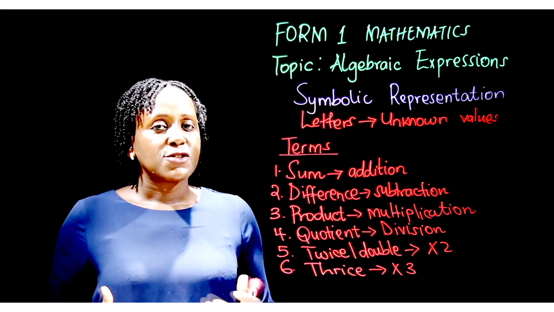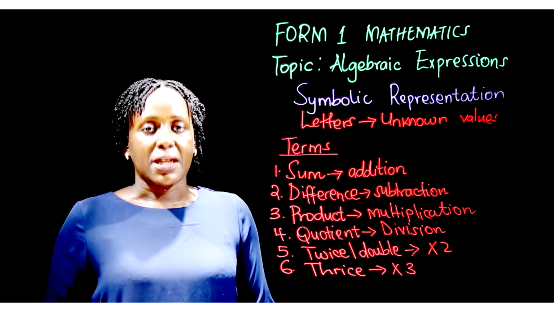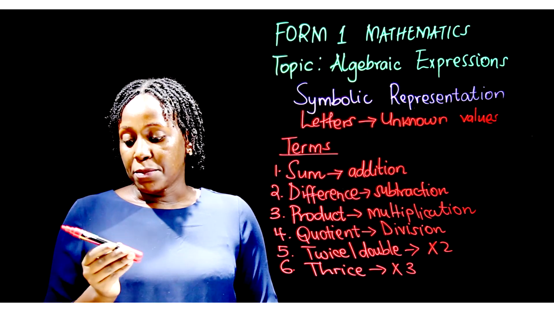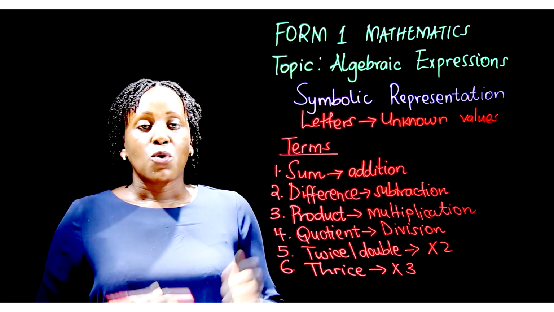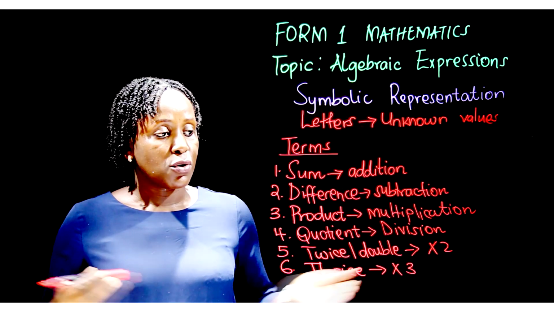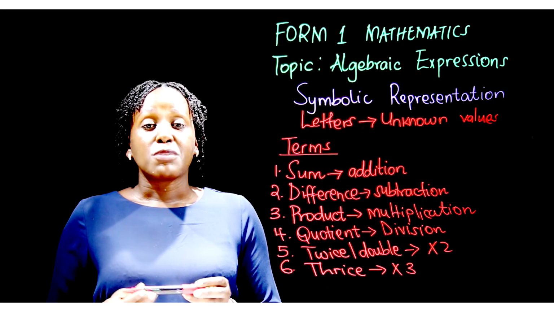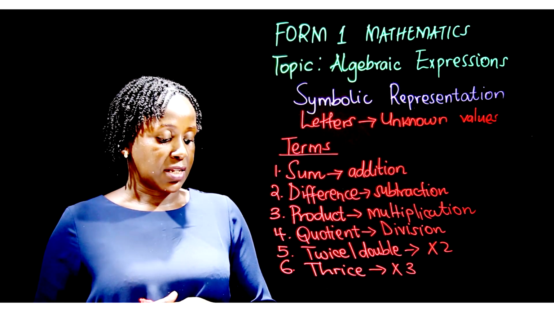The times there guides you to know that you should multiply. So 10 times means times 10. If you're told that the size of this pen is 10 centimeters, and one big 1 meter ruler is 10 times the size of this, that means you take 10 times 10, which gives you 100 centimeters.